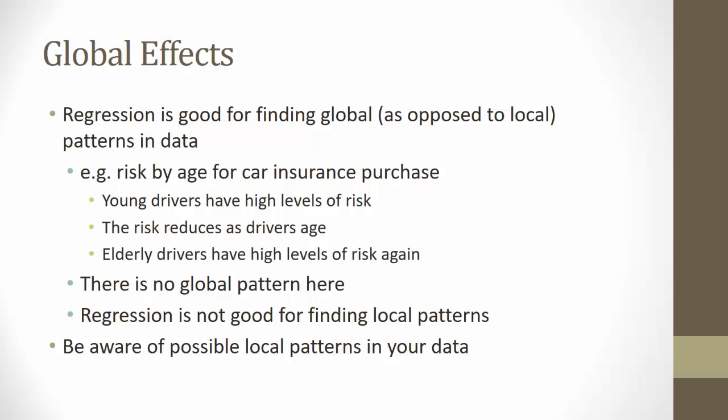To find these effects out, you have to be equipped with excellent business knowledge. You need to know your business inside and out, and you need to be aware of these localities. Usually, if you don't know it, somebody who has been in that industry for a while should know about these localities. When you have local effects, in order to detect them using regression, you need to divide them into local groups.